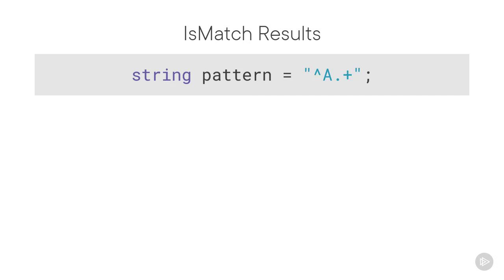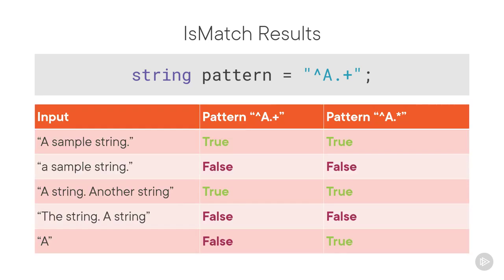If we tweak our regex pattern slightly, we can change the behavior. Instead of a star, we'll finish it with a plus. The plus meta character signals that the previous token should occur one or more times. If we compare the results of both patterns, the only difference is in the last match. We don't match on a sole uppercase letter A with the new pattern because we expect one or more characters to follow it.